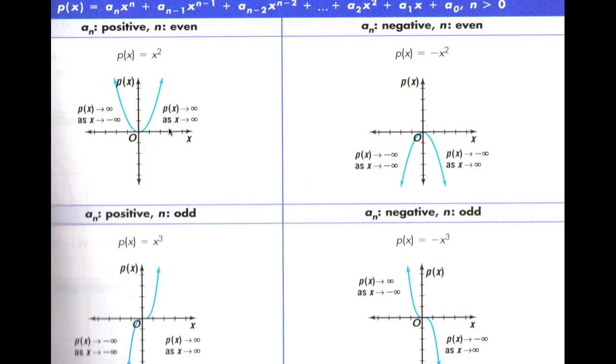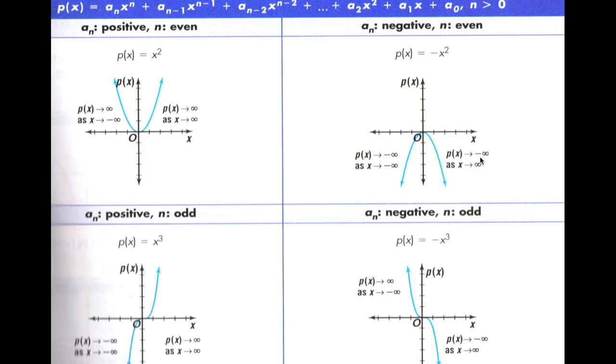So as it's going to the right side, and as it's going to the left, f of x goes to positive infinity in both cases. Pretty obvious. If you look over here, what happens when my leading coefficient is negative and it's still even? Well, it just flips upside down. Instead of going to positive infinity, you notice that your p of x's are going down to negative infinity now.